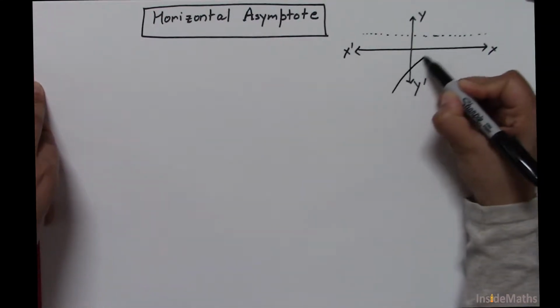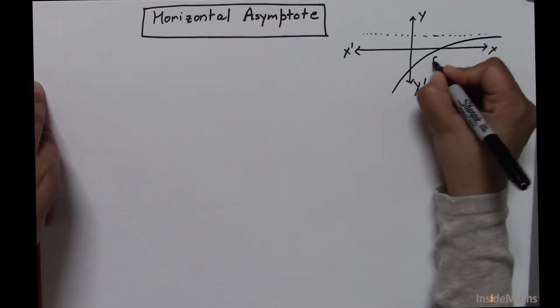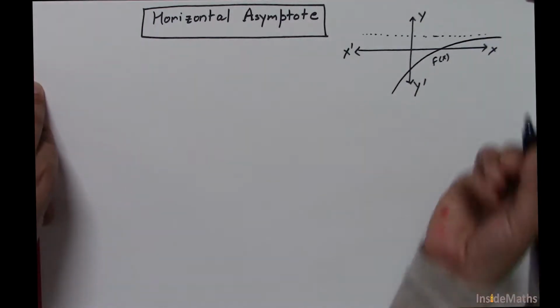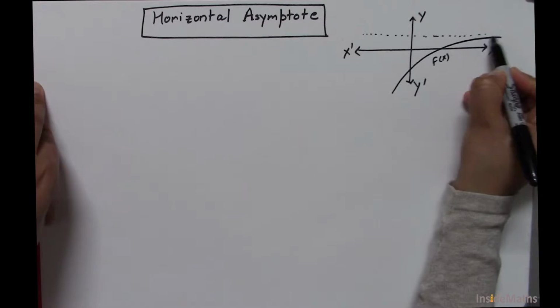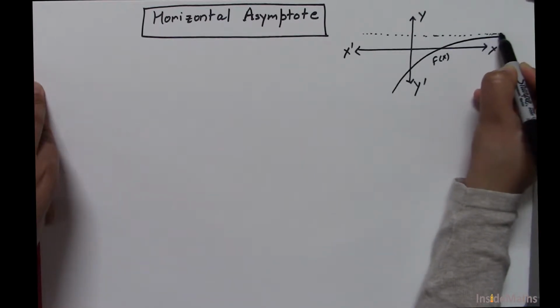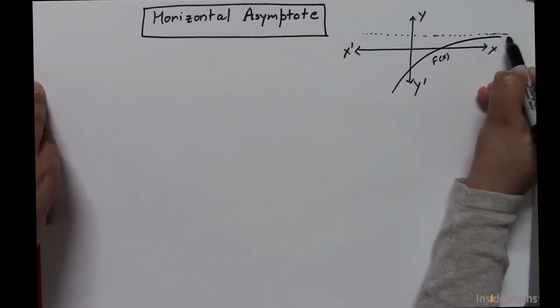Now let's say this is the curve of some function f of x. Now here we see the distance between this line and this curve is getting smaller and smaller as the curve grows in this direction.